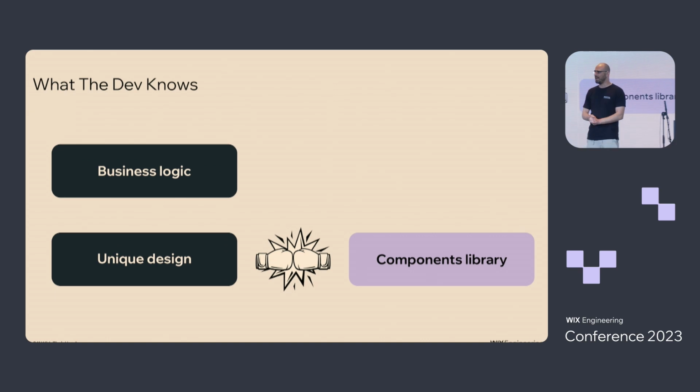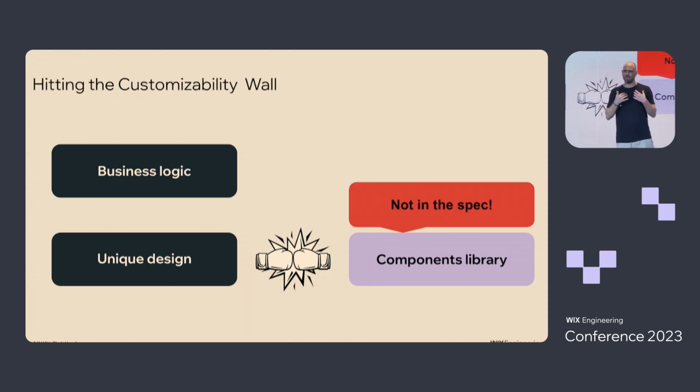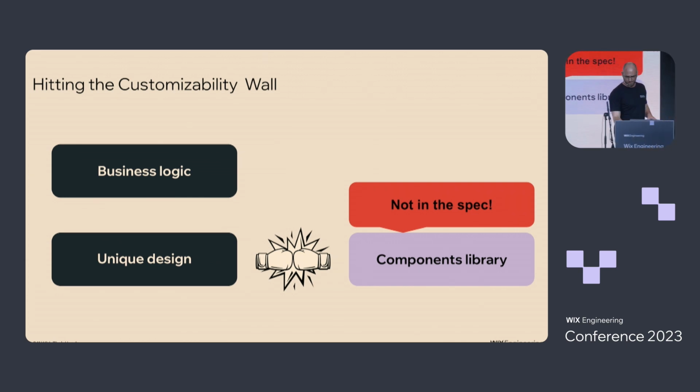This could be as simple as the design calls for one rounded corner, and your component library is only allowing for corner radius, which affects all the corners. And you know what the worst thing about it is? This stuff is not even in the spec. Nobody gives a damn about component libraries except us nerds, right? The PM doesn't know about component libraries, and they don't want to know.